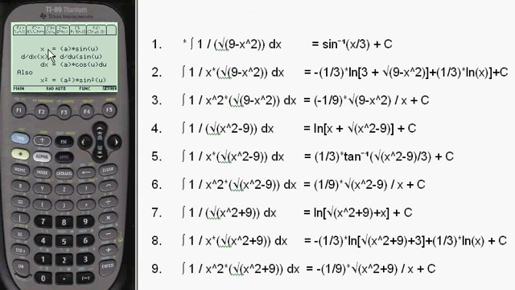So we let x equals a times sine of u, and we differentiate both sides. dx equals a times cosine of u du, and then we square the x squared here. We're going to need that later on. It becomes a squared times sine squared of u.